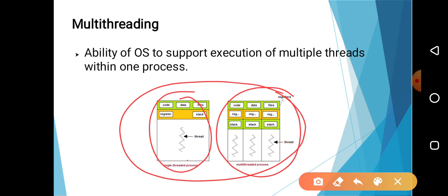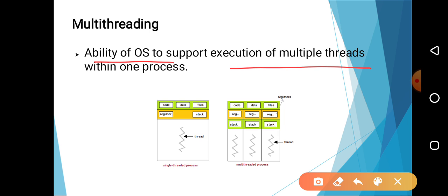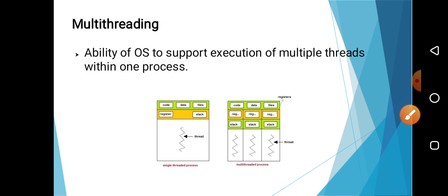So this is called multi-threaded. Multi-threading means the ability of the OS to support the execution of multiple threads within one process. If your system supports execution of multiple threads inside one process, it is called multi-threading.